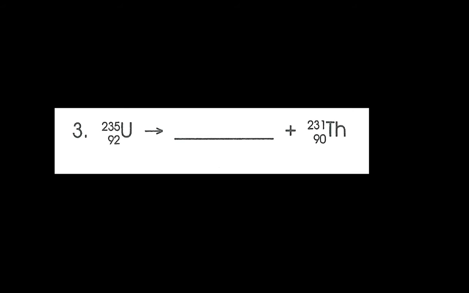Door number 3, same game. We have uranium-235. This time we don't have to fill in an unknown bottom number to start. It's already there. That's 92. So this has to be 92. We go 92 minus 90, and that happens to be a 2. What lives at spot 2? Helium.